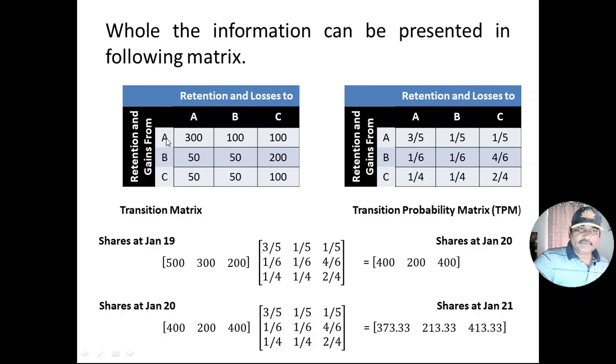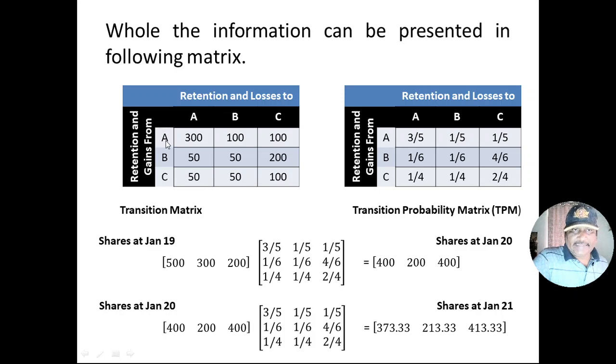Here companies ABC, here companies ABC. Now in this direction we are writing retention and losses to, and in this direction we are writing retention and gains from. That will get us the complete information we are thinking up.